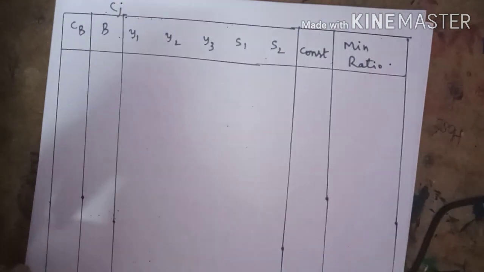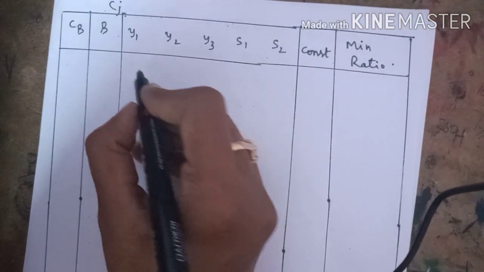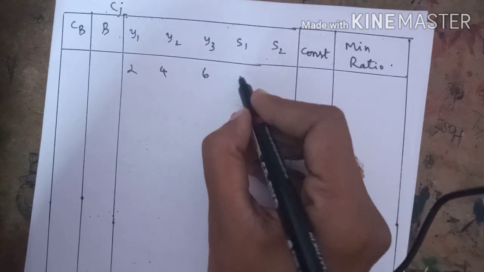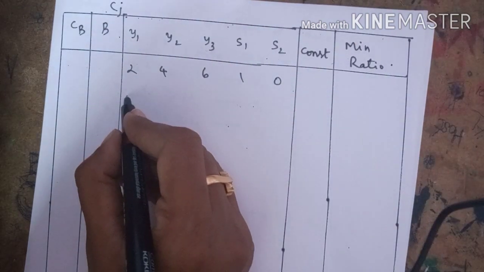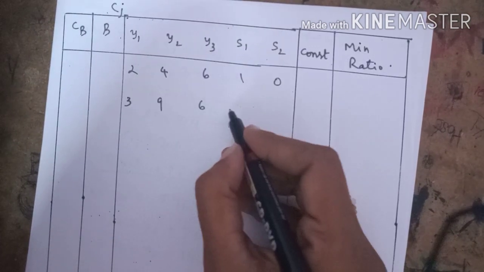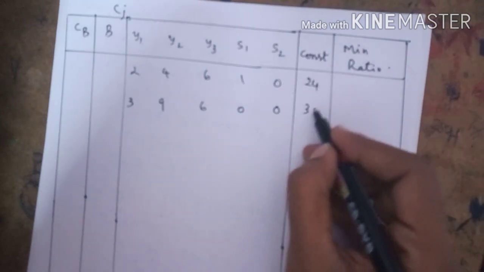Now I'll fill in all the values. In the body of the simplex table I will write 2, 4, 6, 1, 0. The second row is 3, 9, 6, 0, 1, and the constants are 24, 30.